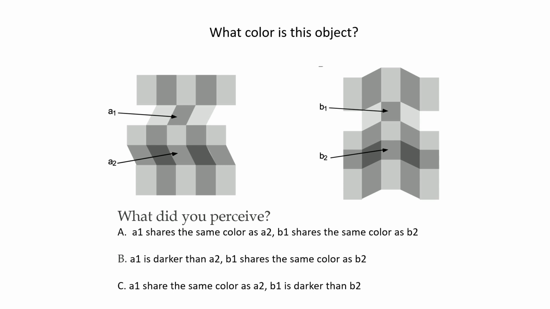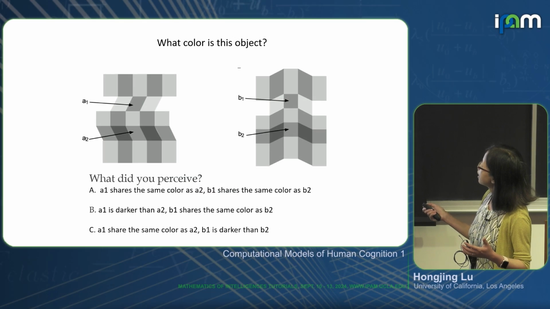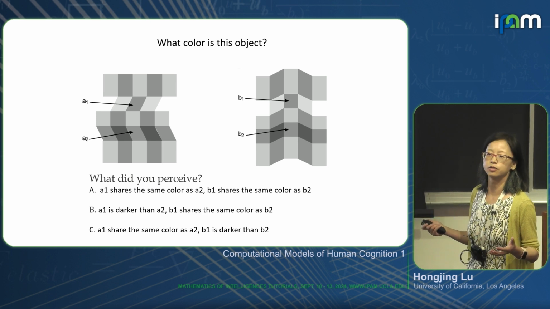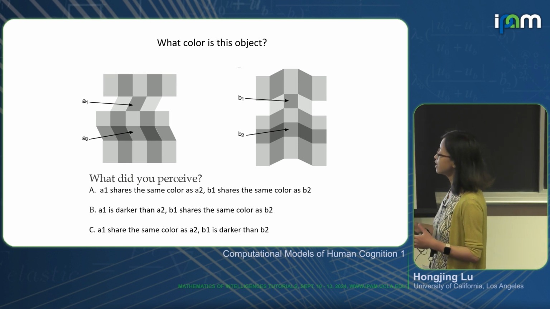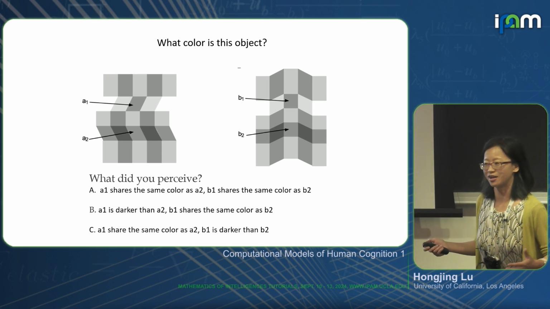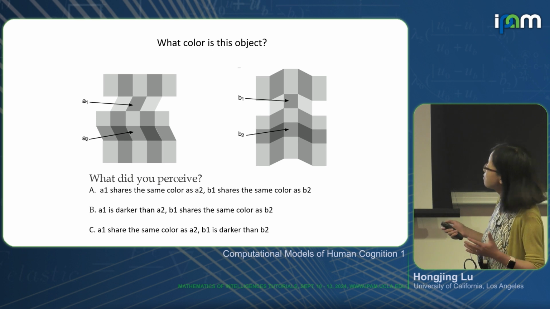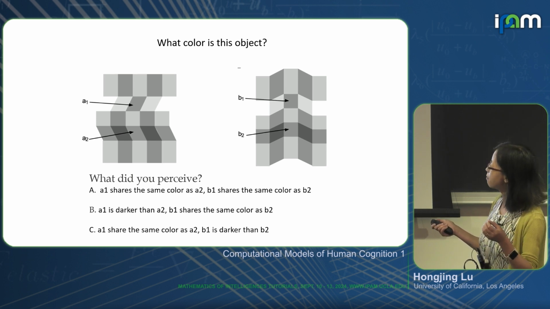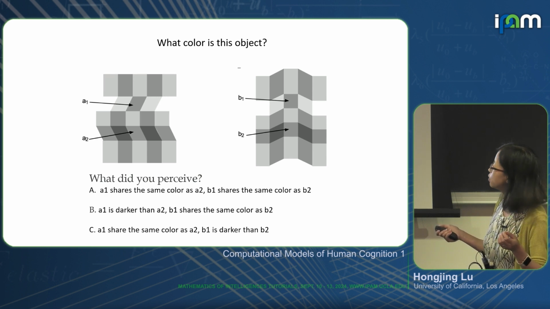If I ask you about this region, A1, and A2, do you perceive them as having the same color or different colors? And the same question for B1 and B2 on this surface. I don't need to do an online experiment, because right now everyone perceives A1 and A2 as having different colors. The A1 patch is darker than the A2 patch.